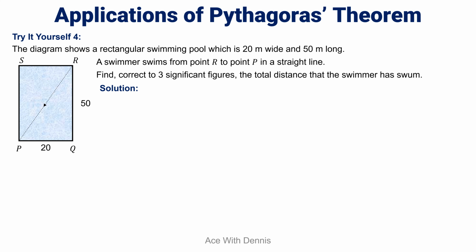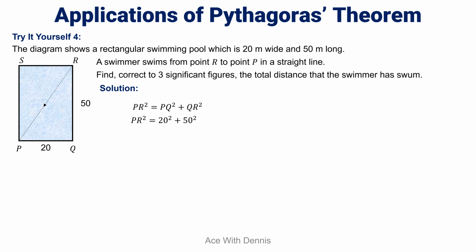Okay, here is the solution. From this diagram, as you can see, PRQ is a right angle triangle because this is a rectangular swimming pool, so this will be 90 degrees. So we can use this triangle to apply the Pythagoras theorem. PR squared equals PQ squared plus QR squared. So we substitute the values.